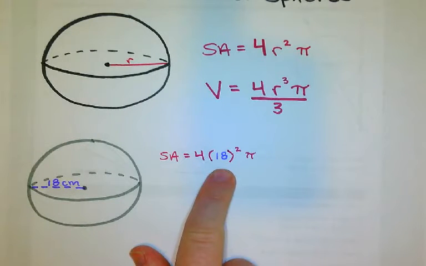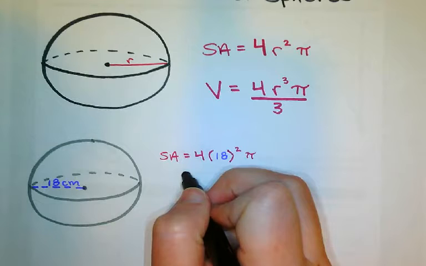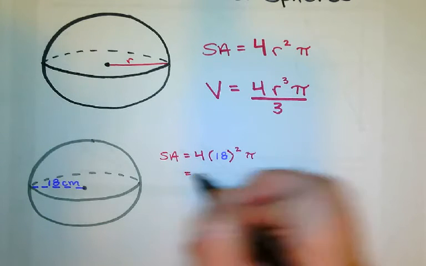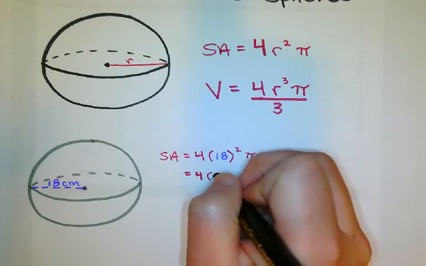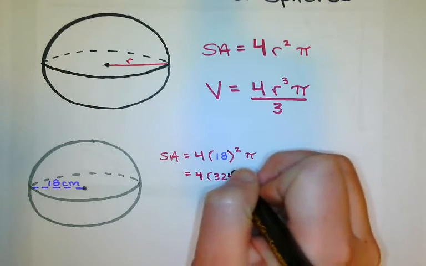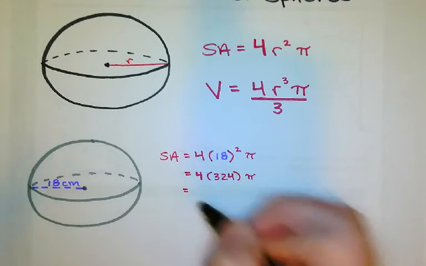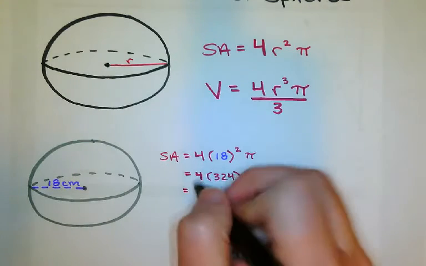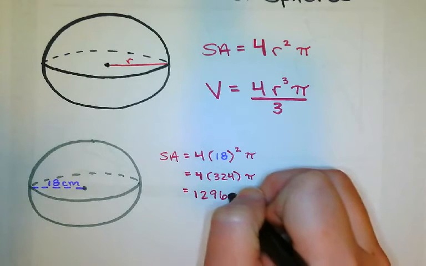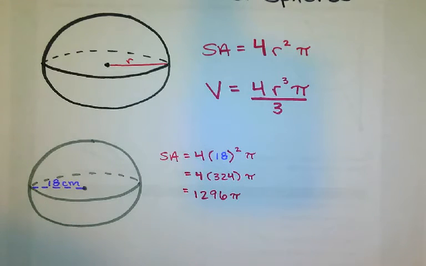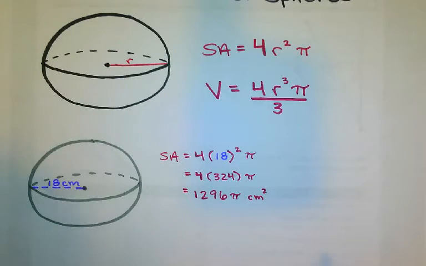So I plug 18 in place of my r, and now all I need to do is simplify. 18 squared is 324, and we've got our pi. 4 times 324 is 1,296 pi. There's our final answer, and then we would label it as centimeters squared, just like that.